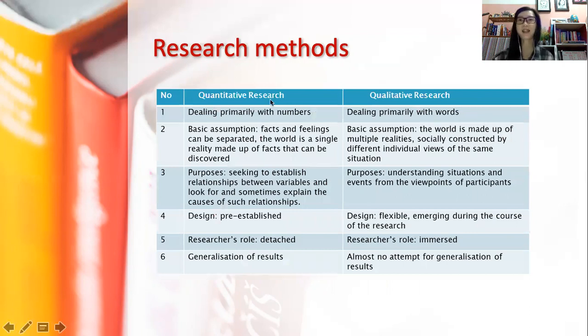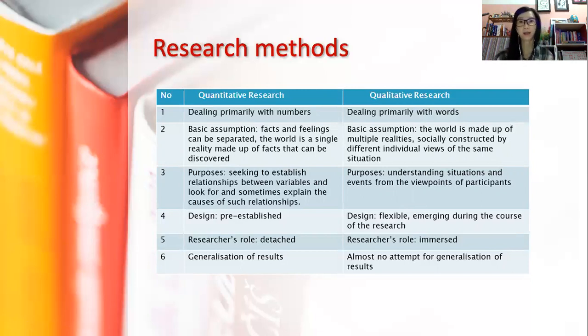Let's take a look at this compare and contrast table. We have quantitative research in this column, and this column is about qualitative research. There are 6 aspects here that we can use to compare and contrast these two types of research methods.